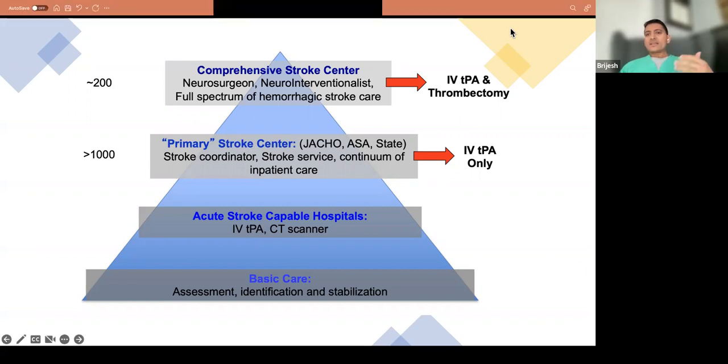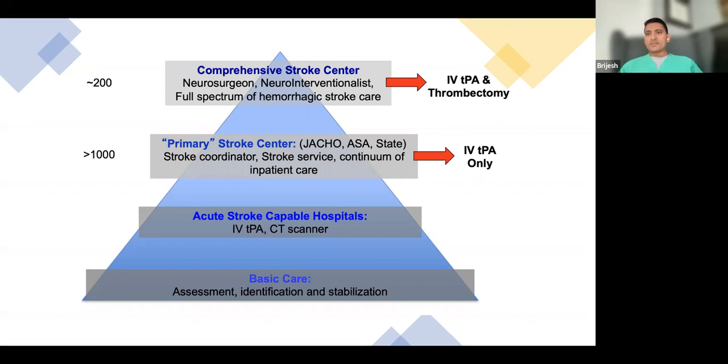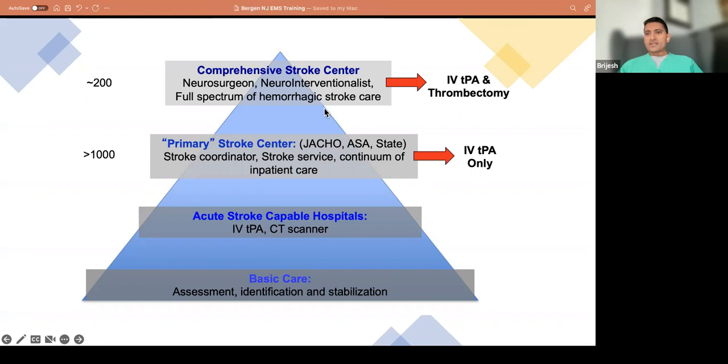The one thing that they're not able to do that a comprehensive stroke center can provide is also treat the bleeds, such as a ruptured aneurysm, bleed from really high blood pressure, because the differentiator is that a CSC has 24/7 neurosurgical capability. So we can take the patients to the operating room, decompress the brain by doing a craniotomy, relieve the high intracranial pressures.